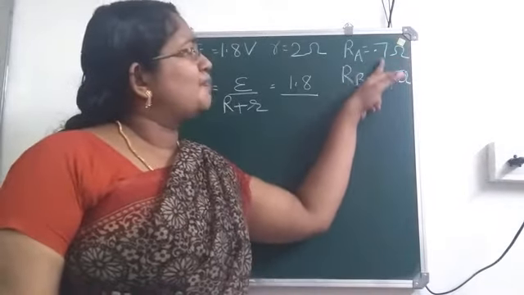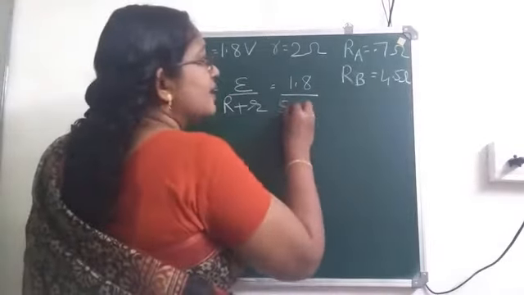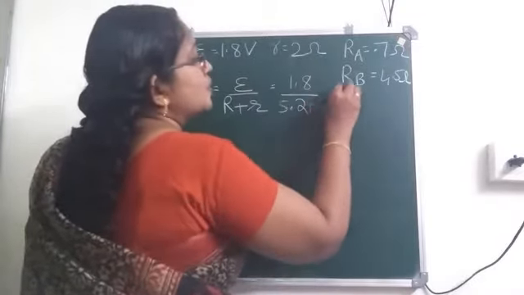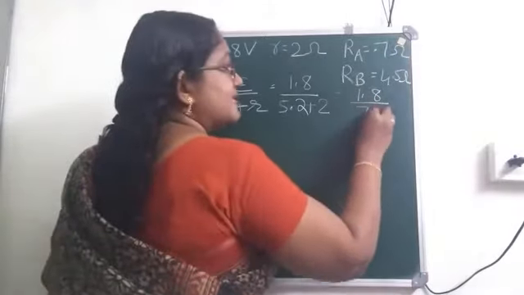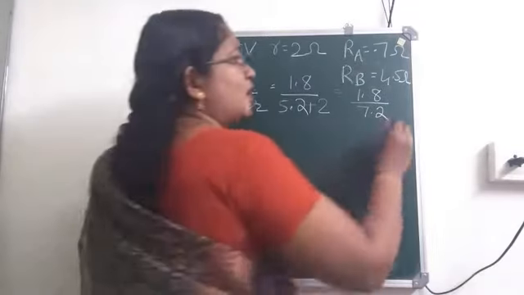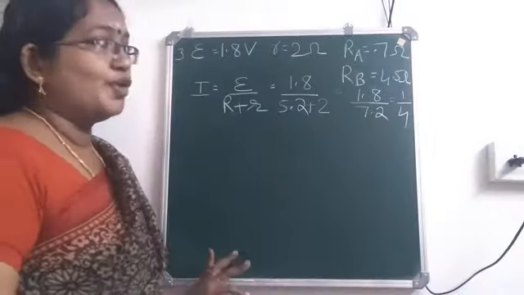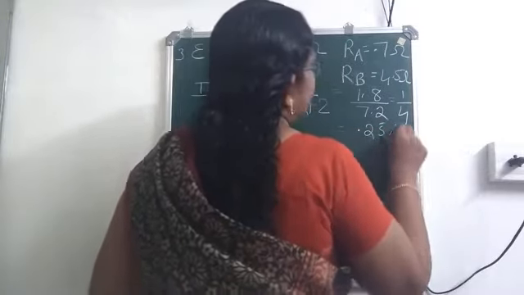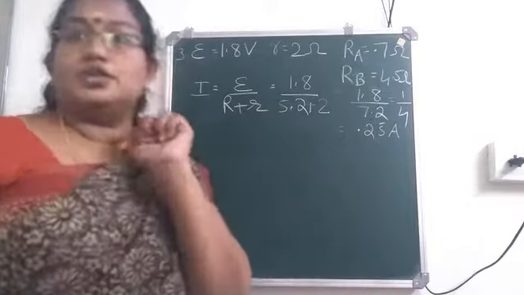So 0.7 plus 4.5, how much will you be getting? 5.2, plus 2. So here you will be getting 1.8 by 7.2. If it is 18 by 72, how much are you getting? 8, 16, 24, 32. That means 4. 18 into 4 is 72. 1 by 4 means how much is it? 0.25 ampere is the current flowing through the circuit.